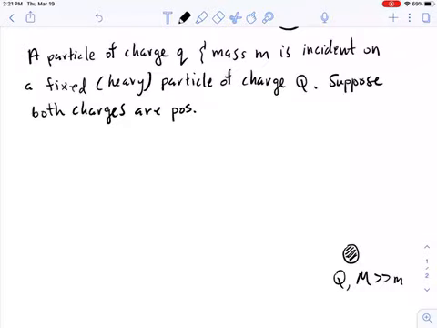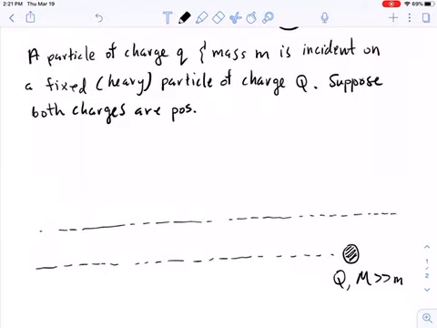And what we're going to do is fire at this charged particle, capital Q, another particle, and this other particle is going to be charged little q and mass little m. So over here we have mass little m and charge little q. When it's far away, there's going to be some kind of force between these charged particles, but it's going to be very weak.